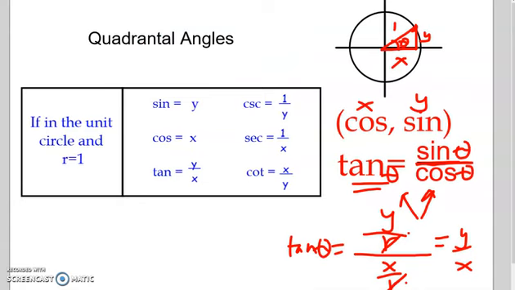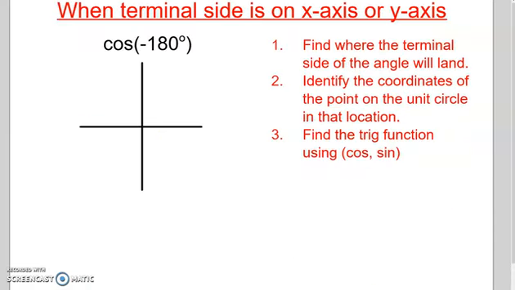Okay, so let's do some examples here. We are going to just do some simple ones that land right on the axes. So remember, this is 0 degrees here, 90 degrees, 180 degrees, right?